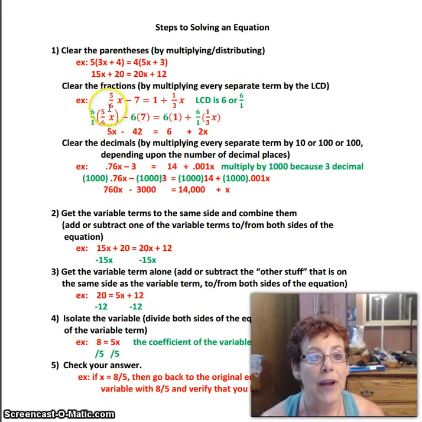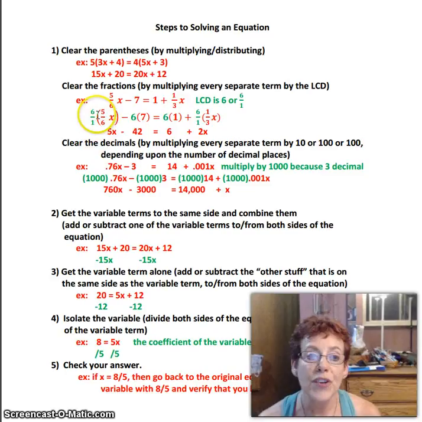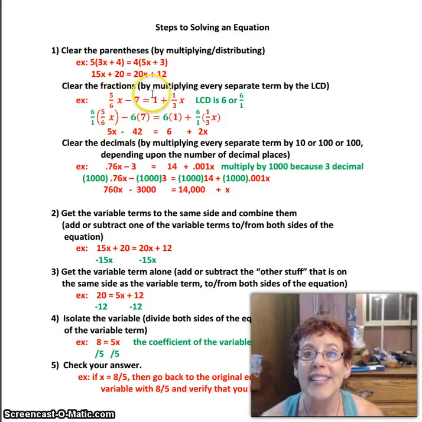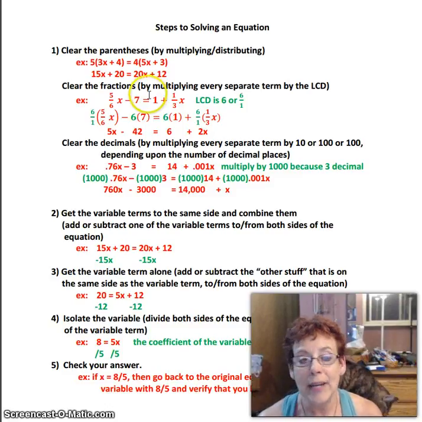So we're going to multiply the first term, which is the 5/6 x, by 6. Since we're multiplying it by a fraction, we're going to use the form of 6 over 1. So we set it up as 6 over 1 times that term. We also have to multiply the 7 by 6. We don't have to multiply it by 6 over 1 because it's just 7 that's getting multiplied.